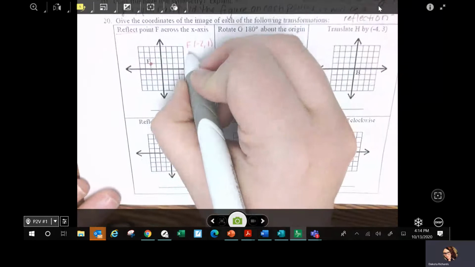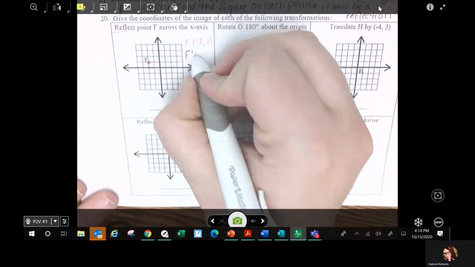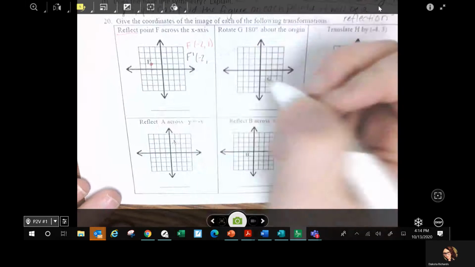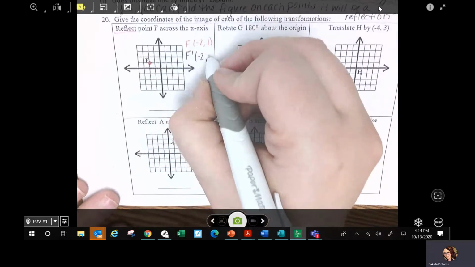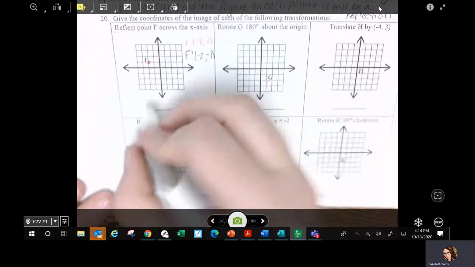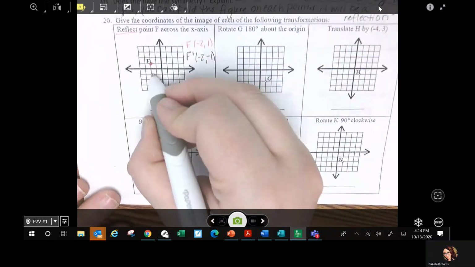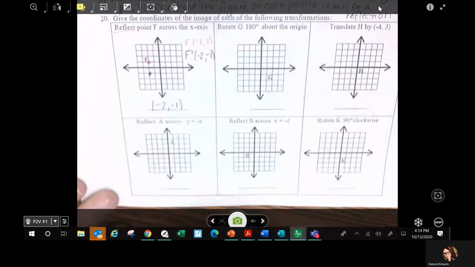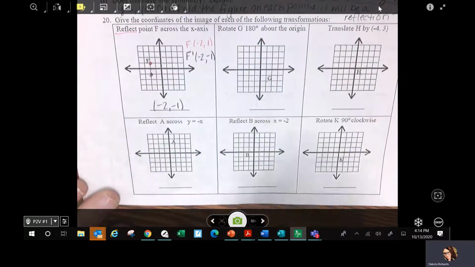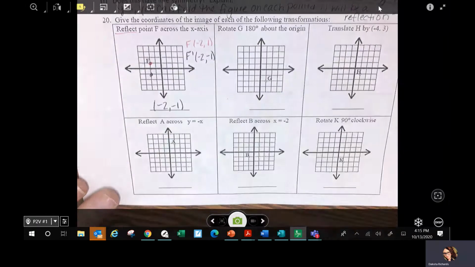So keep x the same and change the sign of the y, which would be -1. So your new point would be at (-2, -1). All right, so you're going to do those. Just use your rules that you wrote out on your note card to answer the rest of those questions.